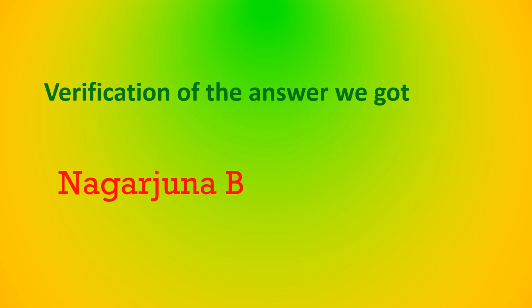Verification of the answer we got. We can do the cross verification of the answer which we have got by applying the Jacobi iteration method. Those answers we can substitute in the equations and cross verify that the answers we have got are correct. So now consider the first equation, which is 5x minus y is equal to 9. Consider LHS.